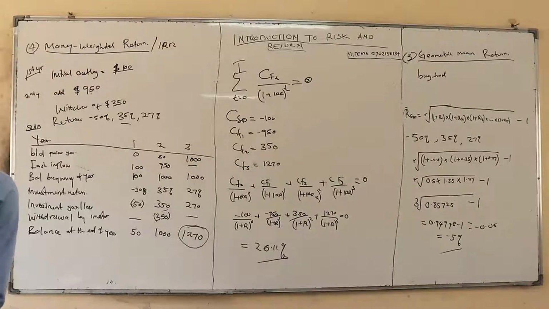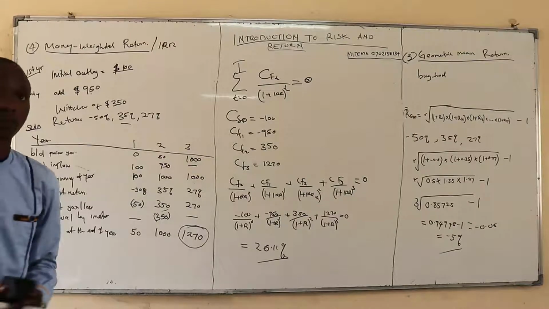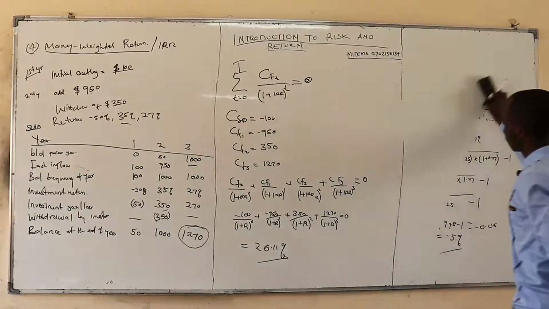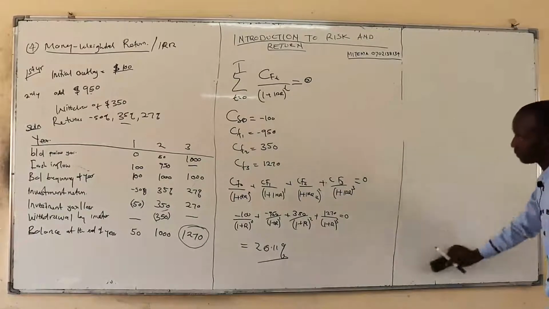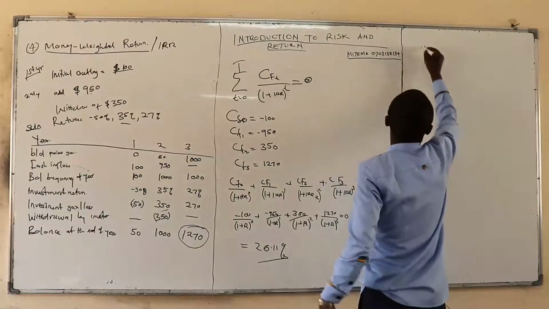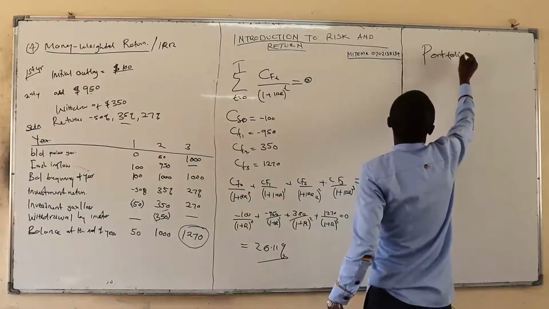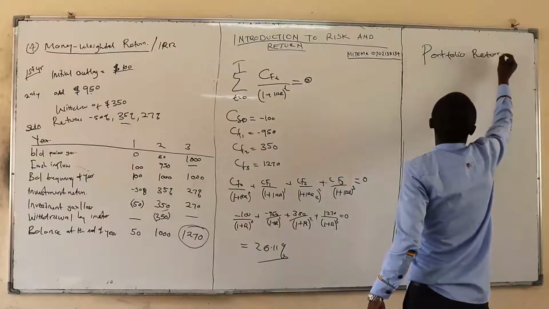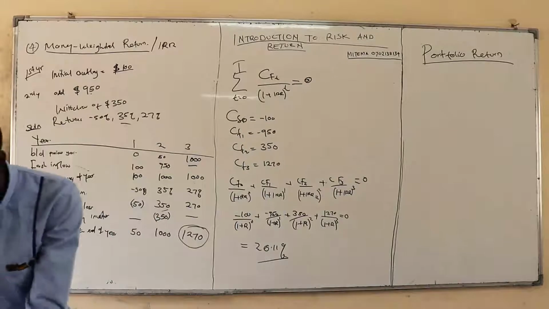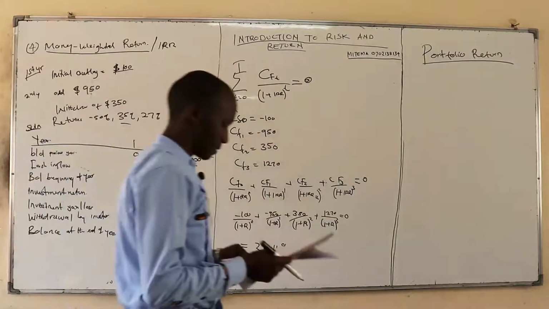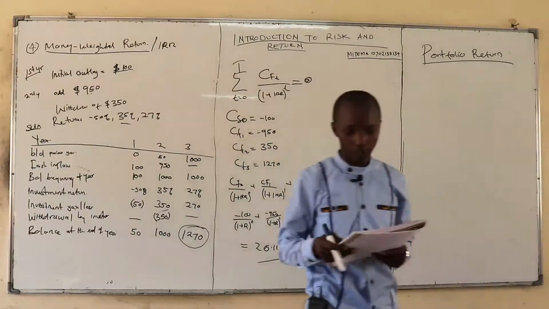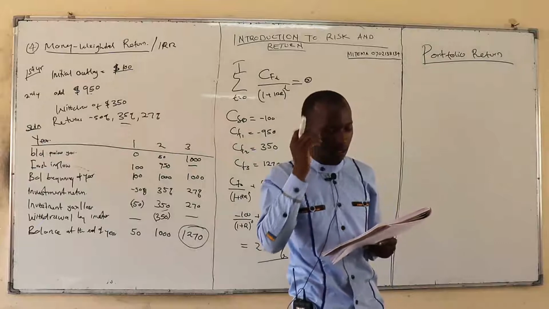So now let us look at portfolio return. We find that when several individual assets are combined into a portfolio, we can compute the portfolio return as a weighted average of the returns in the portfolio.